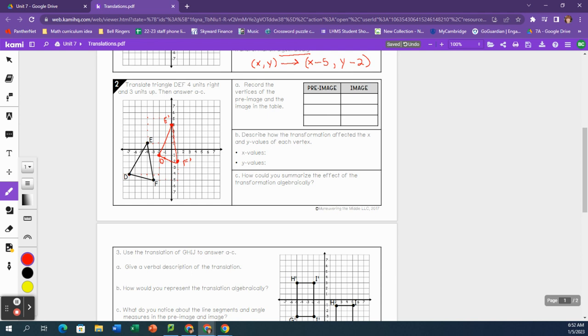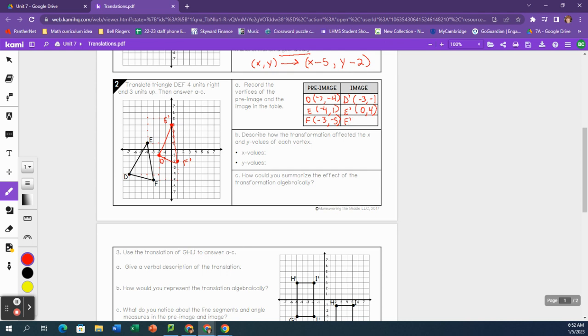And that was, so we're doing D is -7, -4. E is -4, 1. And F is -3, -5. This is why it's really important that you guys knew your graphing. And then D prime is -3, -1. And E prime is 0, 4.